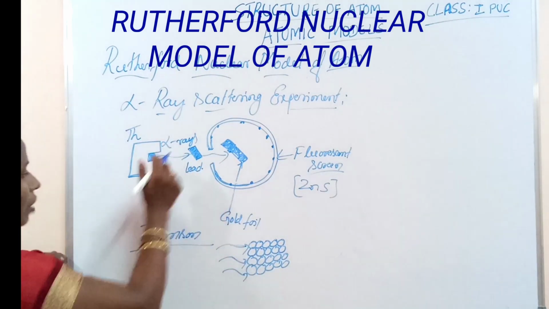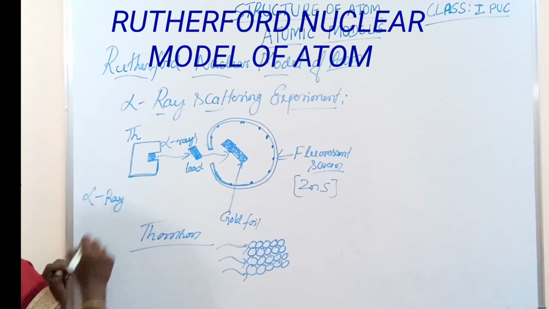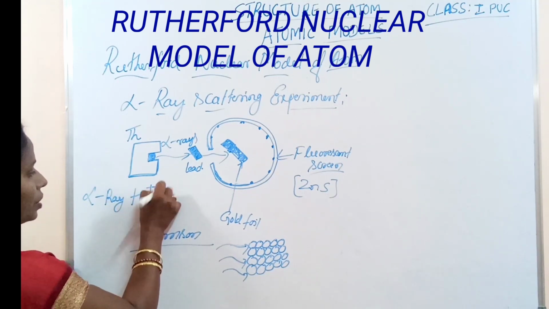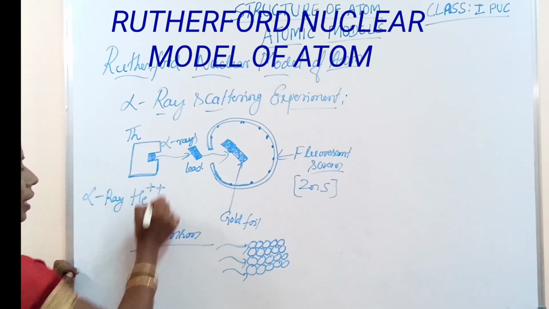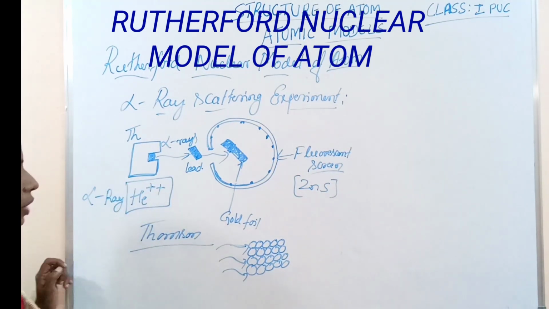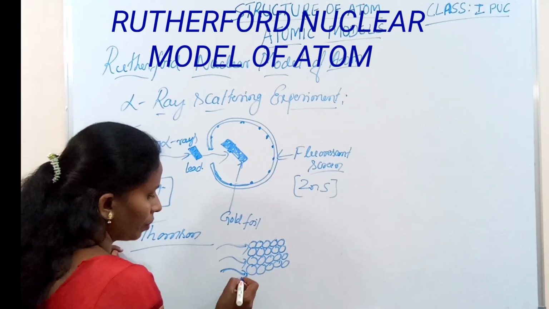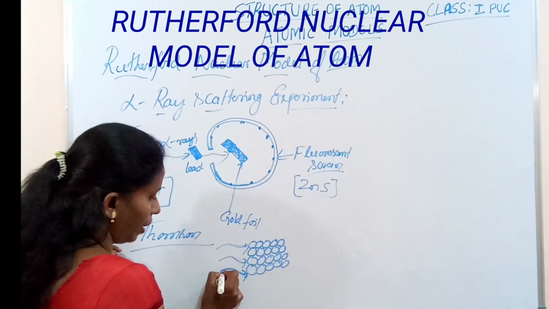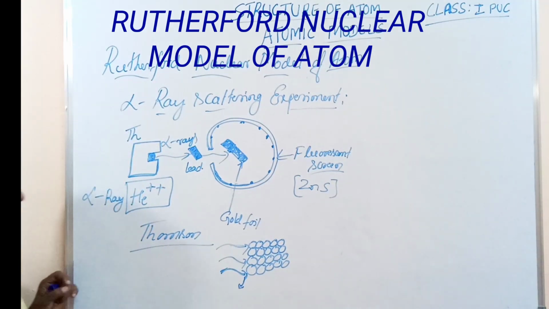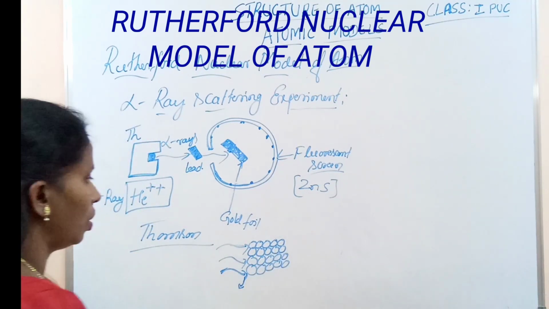And an alpha particle is a dipositive helium nucleus, which is positive in nature. When they approach this atom, there should be a deviation. They should slow down, and there should be a small deviation. But they observed different results.